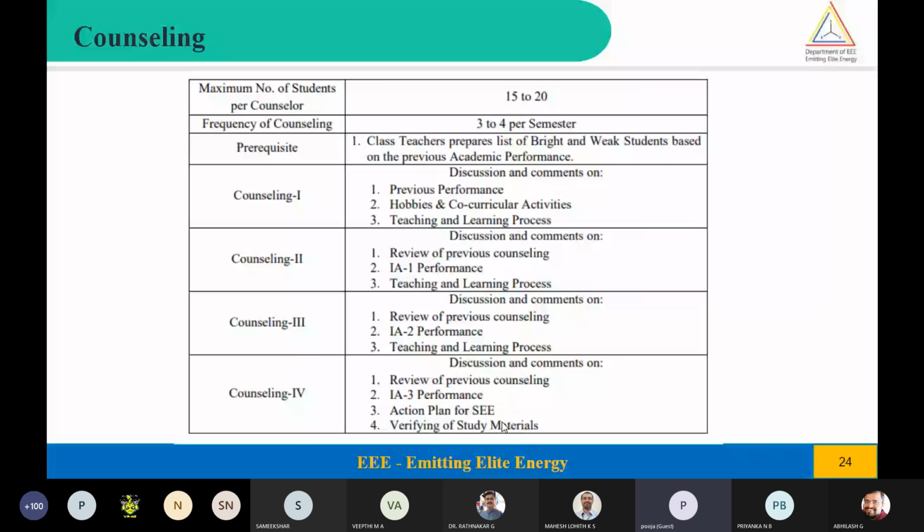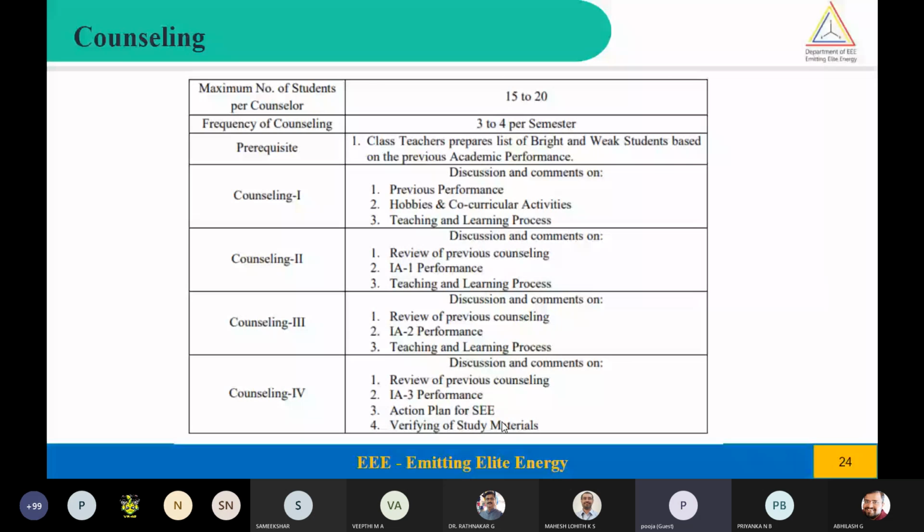They can discuss their academic requirements, and even speak about their difficulties in understanding, if they want any teaching material, and about their performance. Whatever is relevant to their studies, any shortcomings, they can discuss with the counselor. The counselor is going to guide them to ensure that their performance is up.